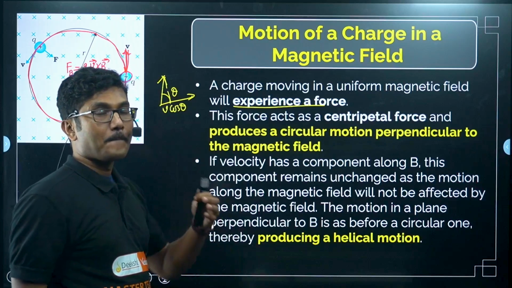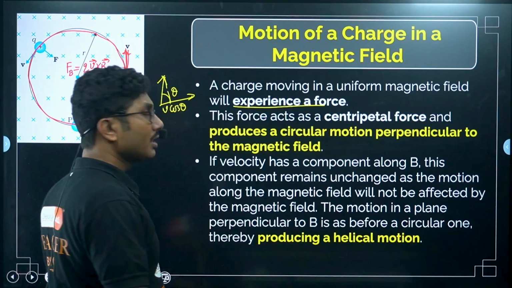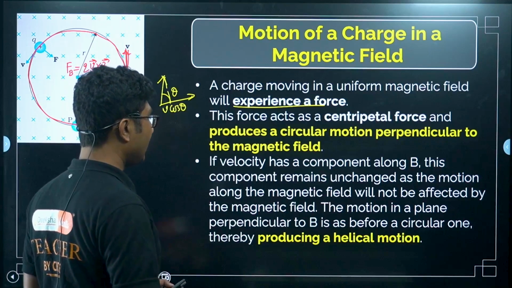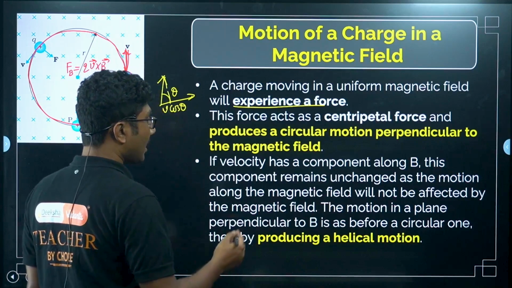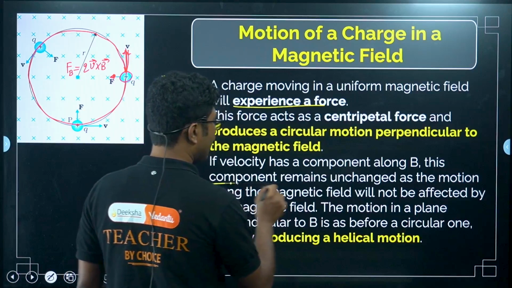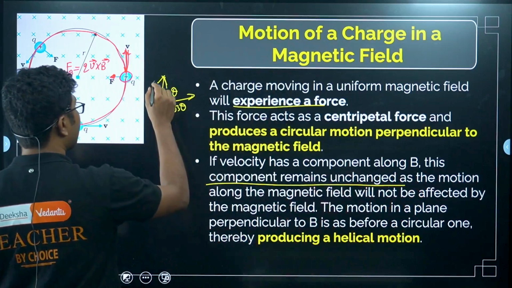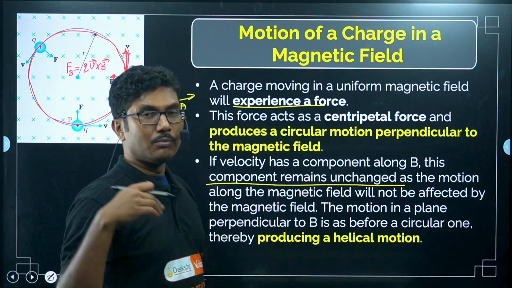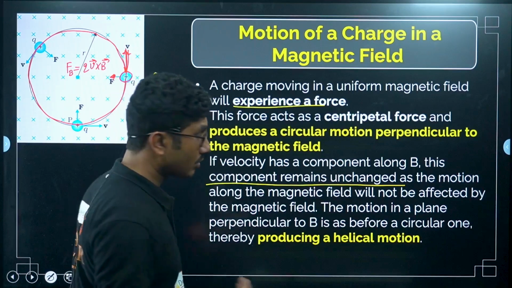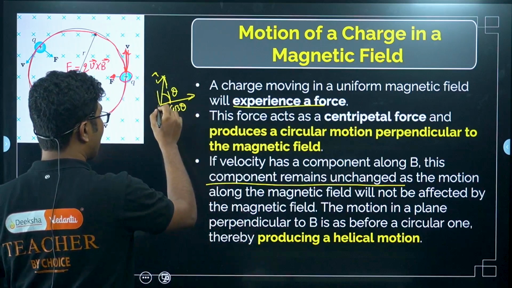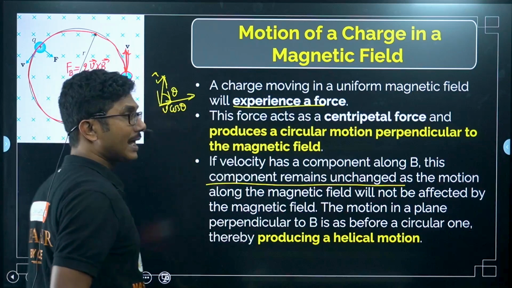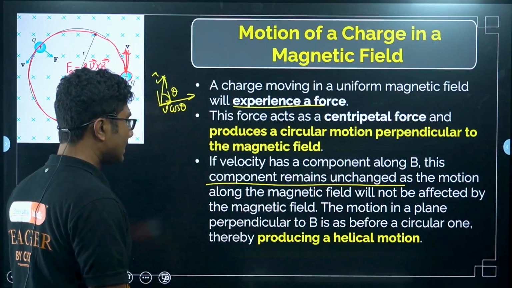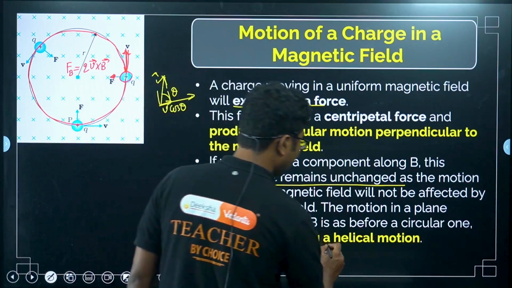But if they are not perpendicular, and they have a component in the direction of B, the perpendicular component will remain unchanged, so it will give rise to circular motion. But the component in the direction of B will not experience any change. So this will in turn produce a helical motion.